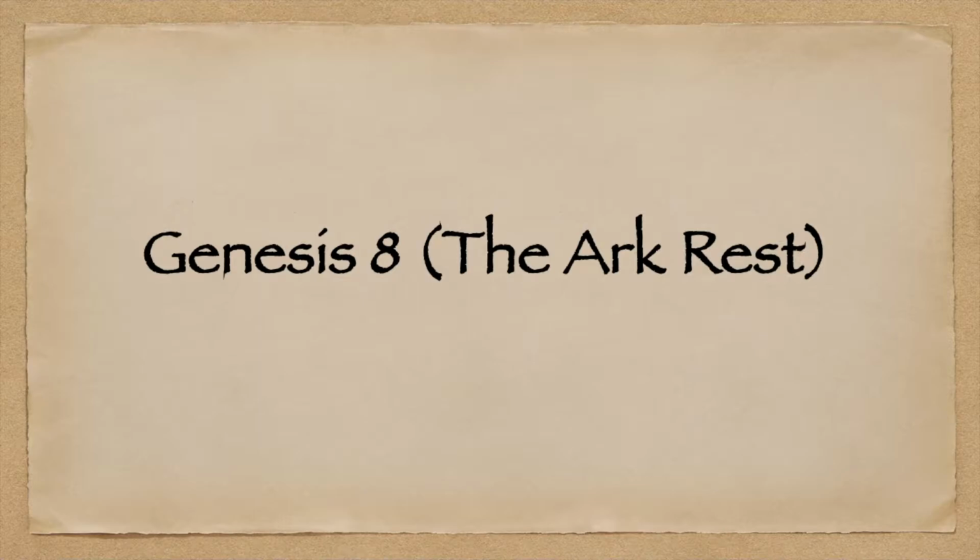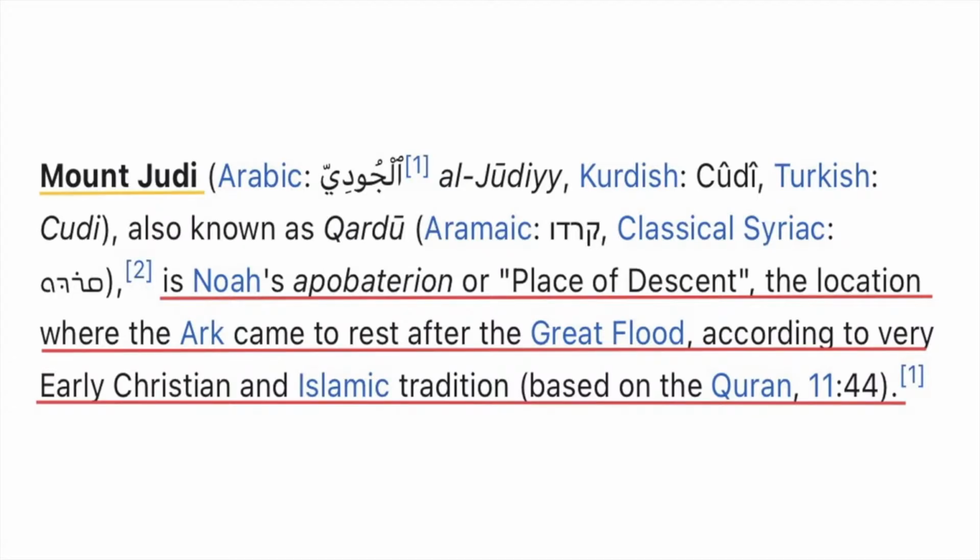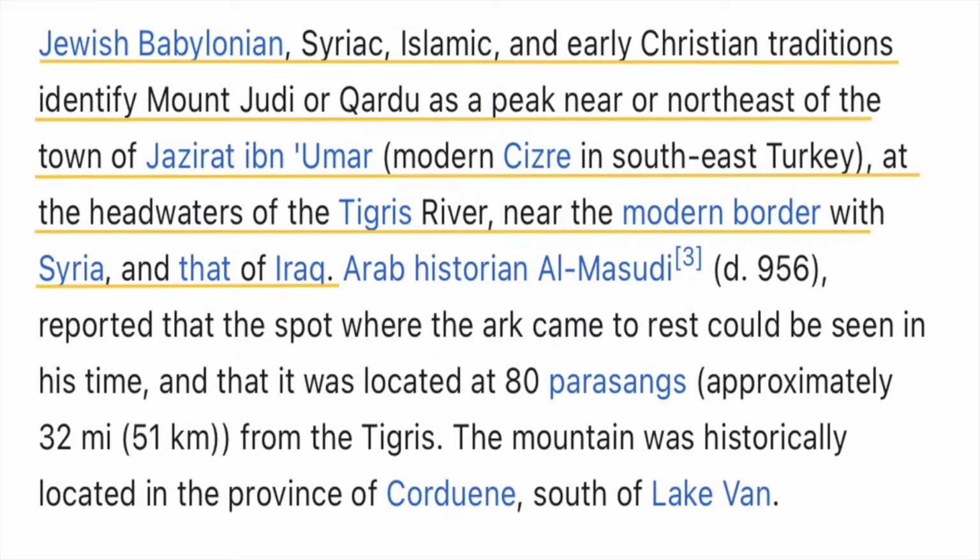Genesis chapter 8 covers the ark resting, everybody coming off the ark, all the animals. And I believe that when it came to the resting of the ark, it would have been around the area of Mount Judi. This is a place known by both early Christians and even in Islamic tradition that the ark would have rested around that area.